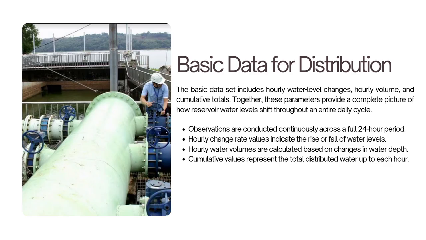First, the observations are conducted continuously across a full 24-hour period. Next, the hourly change rate value indicates the rise or the fall of the water level. The hourly water volume is calculated based on the change in water depth, and the cumulative value represents the total distributed water up to each hour.